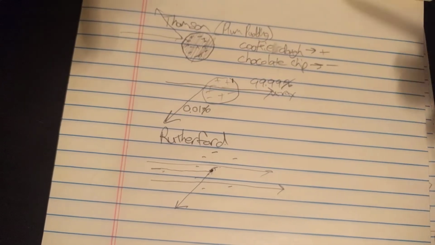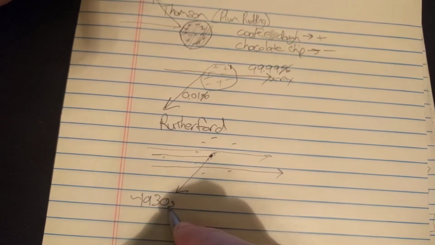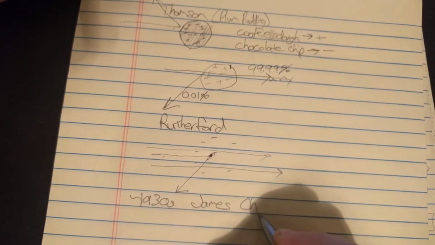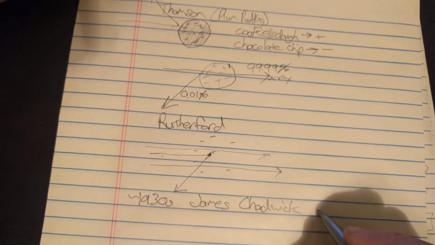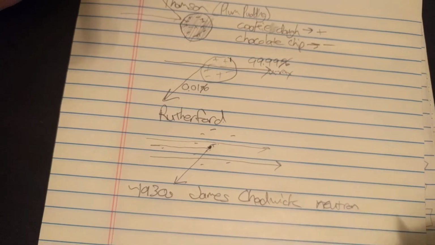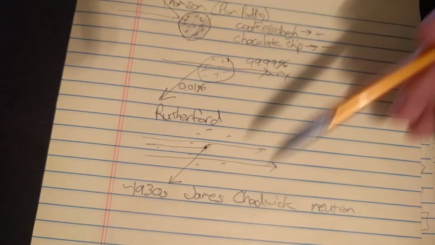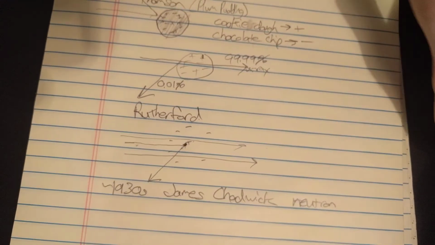That's what we had around 1910 or so. In the 1930s, James Chadwick discovered the neutron. And thus completed, not really, that's the wrong word. It kind of made a coherent picture of the atom in some sort of sense.